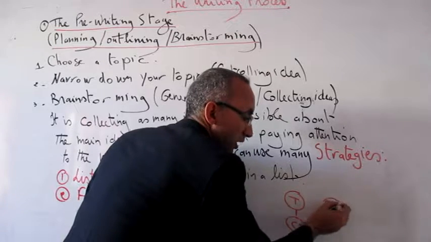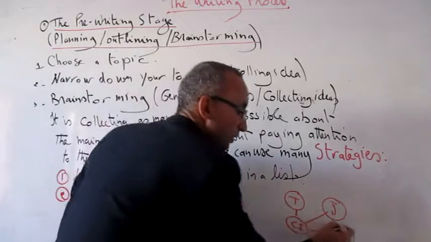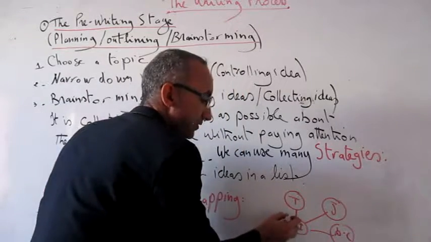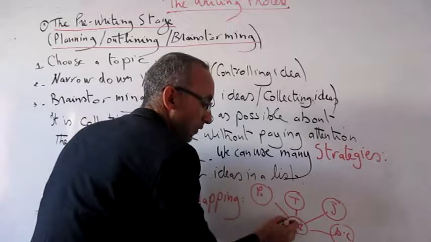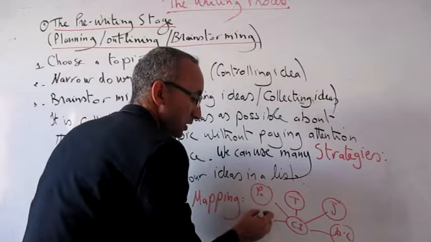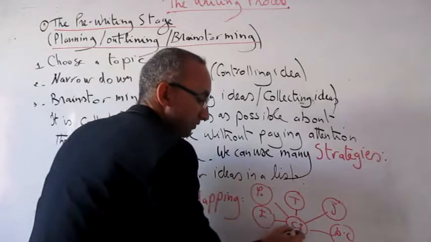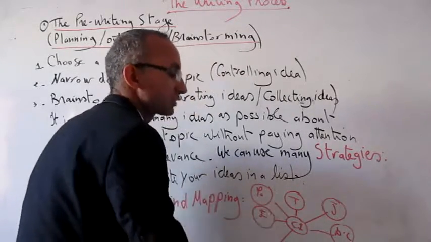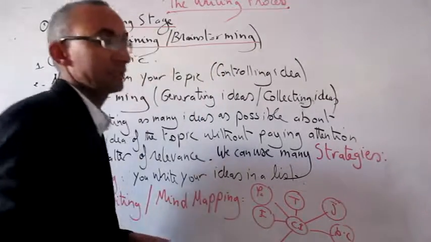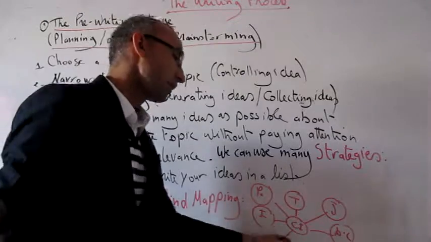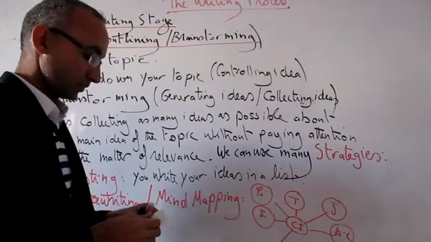For example, here, joblessness. Here, for example, I have bad company. Here I have the absence of parents, death of parents, clear. Here also I have, don't know, immigration as an example, as a cause. And whenever you find a new idea, you attach it, in the form of a map, to the central circle of your map. Clear? Good.